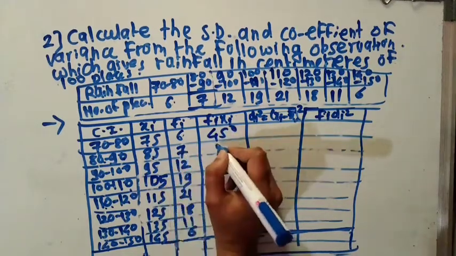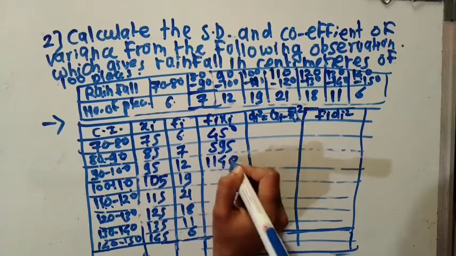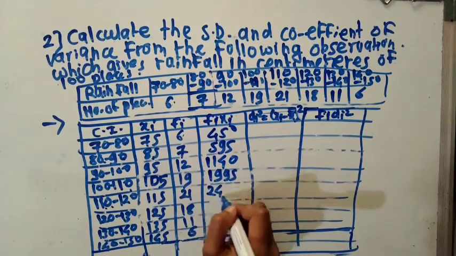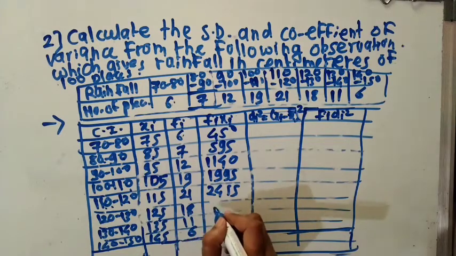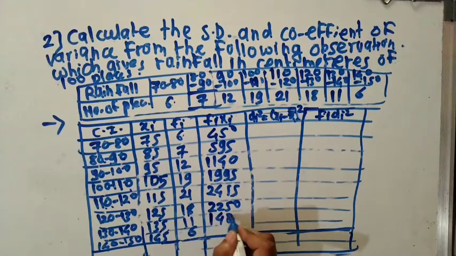Then this into this is 595. Then 125 into 18 is 2250. Then 135 into 11. Then find out the summation of fi.